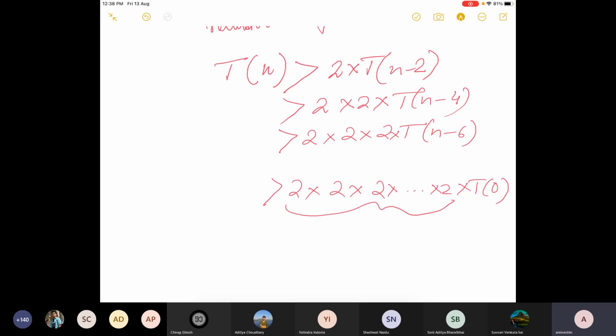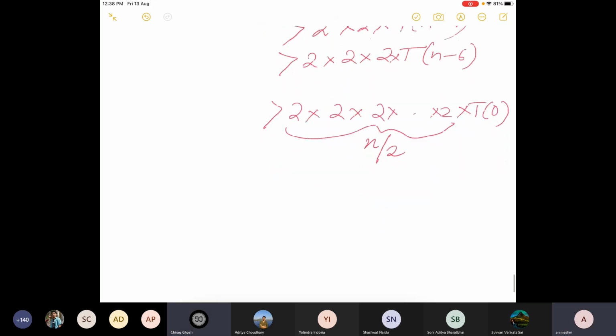How many such terms? n by 2 minus 2 to the power n by n by 2 terms. Yes, n by 2 terms. And we know T0 is 1, right?